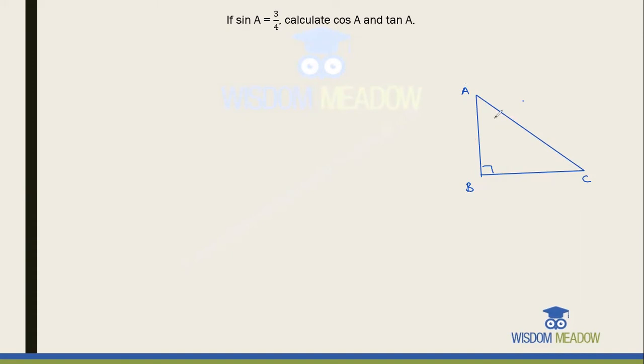That's the only thing you have to note from the question. Now sine A is given as 3 by 4. So we know that sine is opposite over hypotenuse, that is 3 by 4 by using that formula.